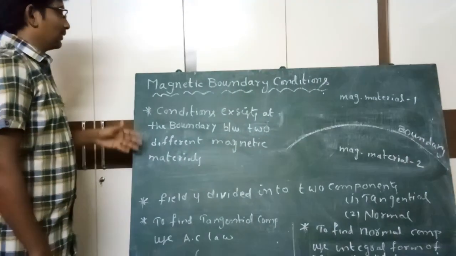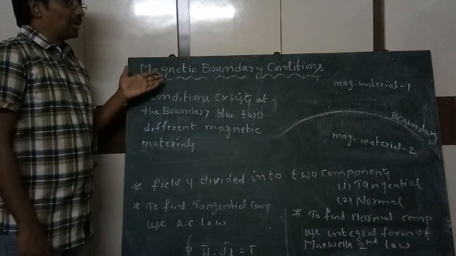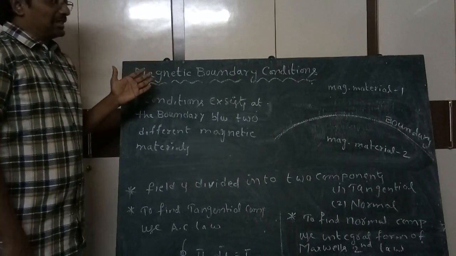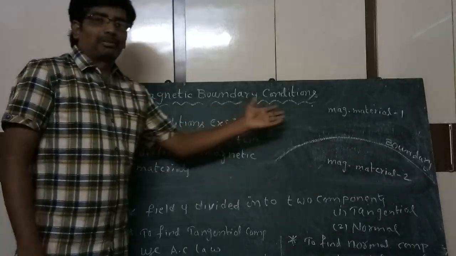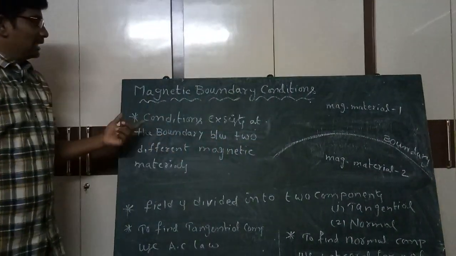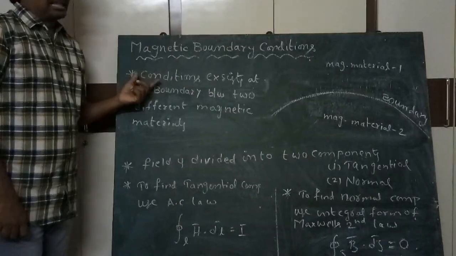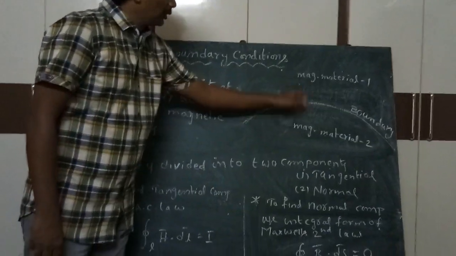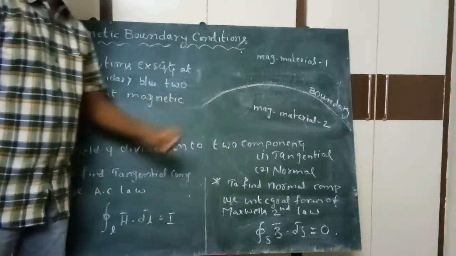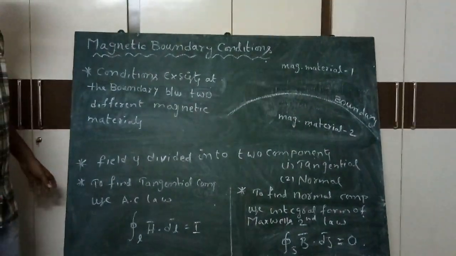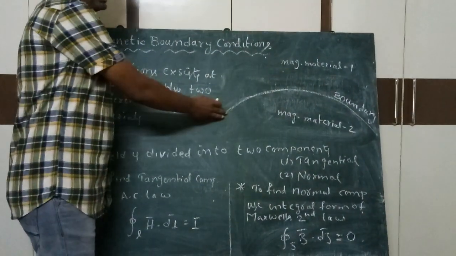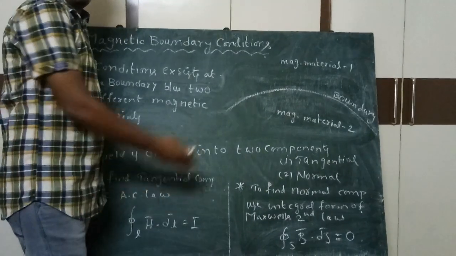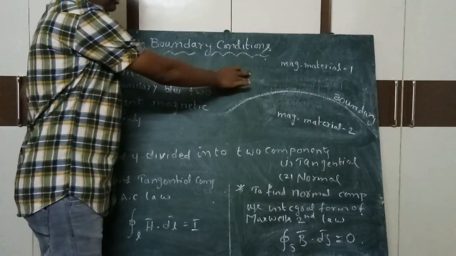Now we will see what the magnetic boundary conditions are that exist at the boundary between two different magnetic materials. The conditions that exist at the boundary between two different magnetic materials are called magnetic boundary conditions, and they are used to determine the field on one side of the boundary if you know the field on the other side.